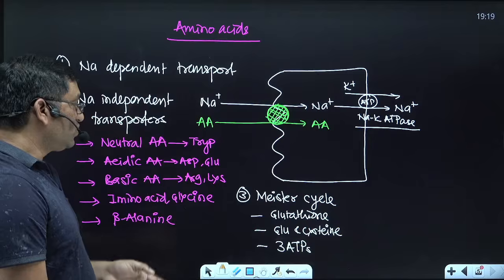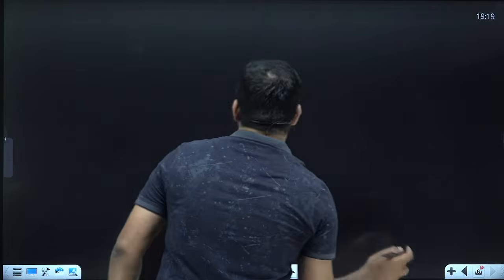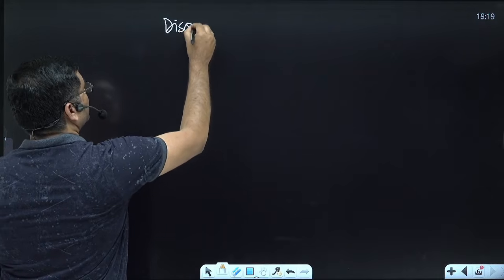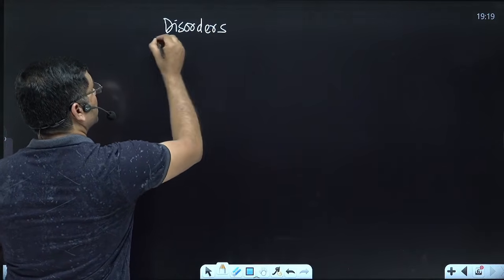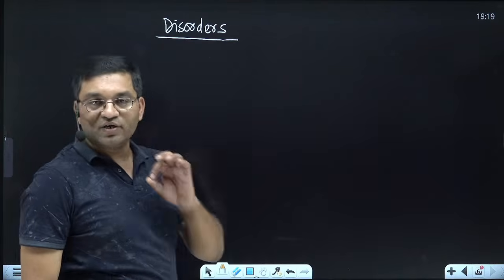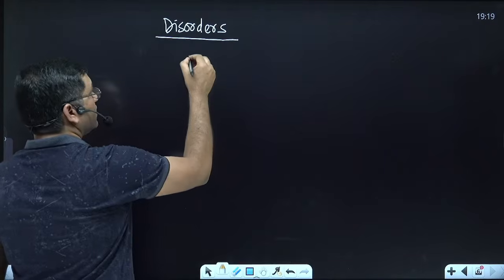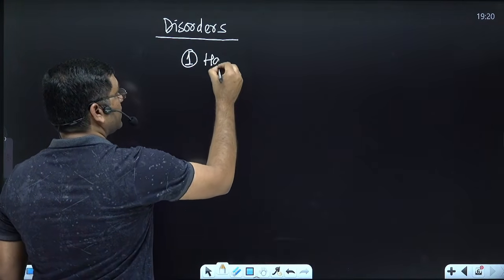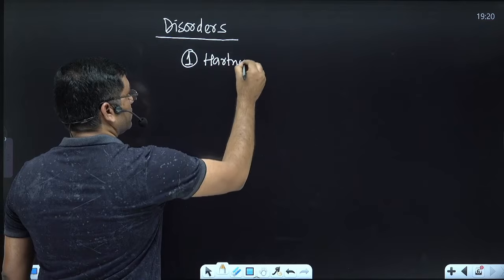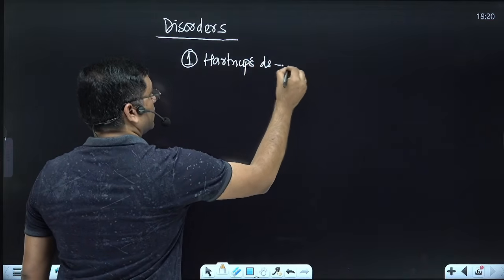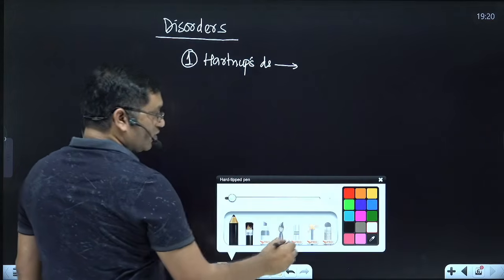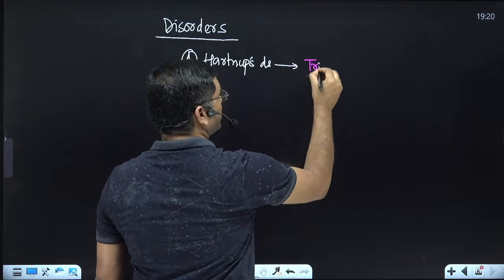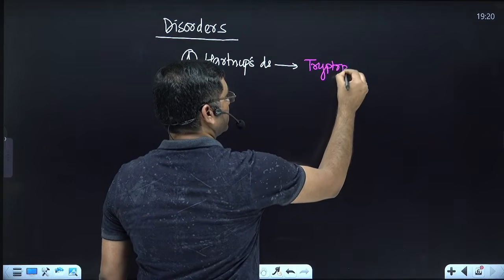Okay. Now coming to the disorders in the digestion and absorption. We'll just enumerate the disorders. The first one is Hartnup disease, which is very, very important. There is defective absorption of tryptophan from the intestine.